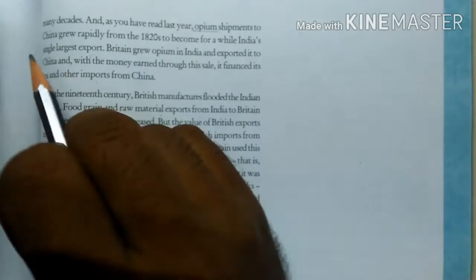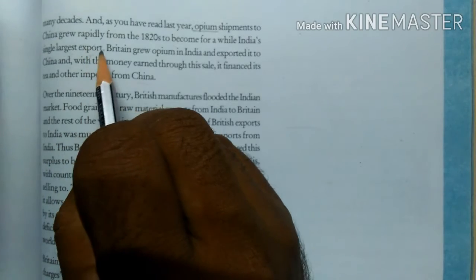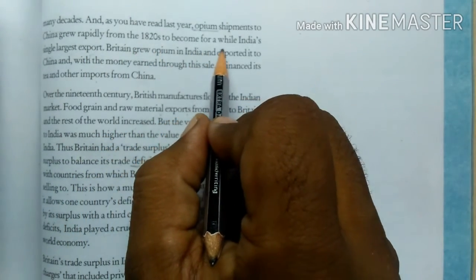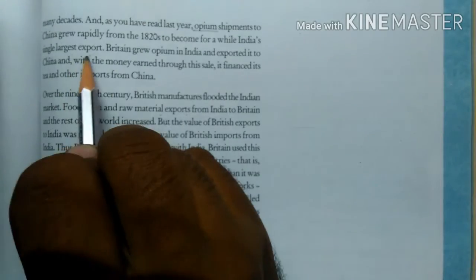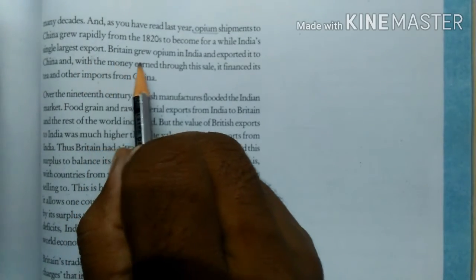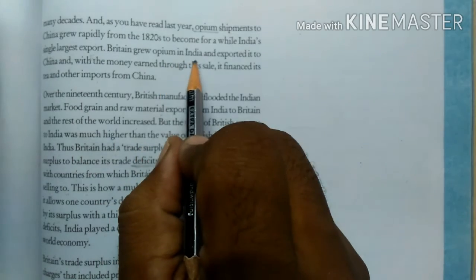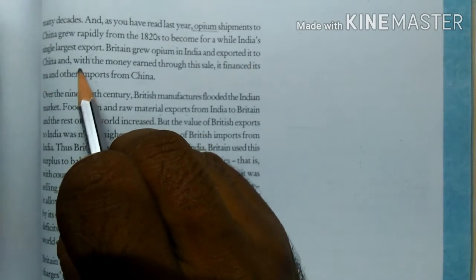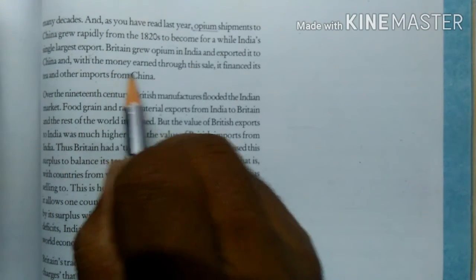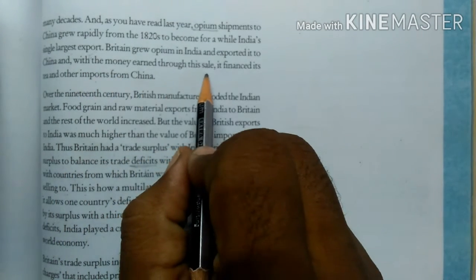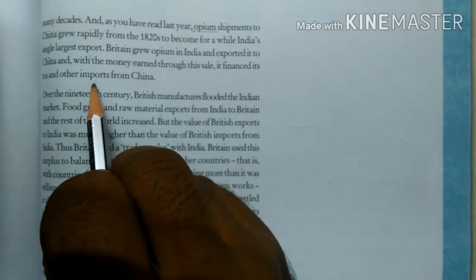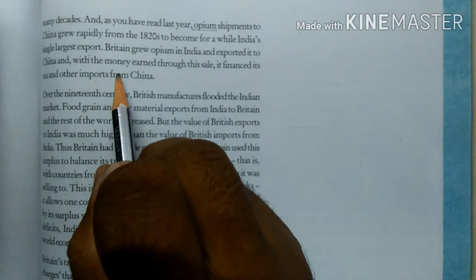Britain grew opium in India and exported it to China, and with the money earned through this sale, it financed its tea and other imports from China.